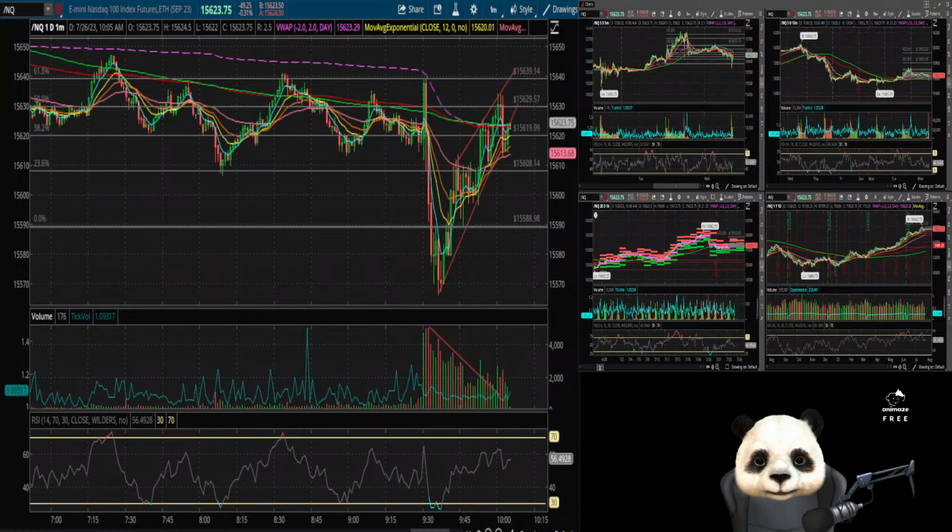I just don't really see the S&P moving down, and I like to see the market and movement together.